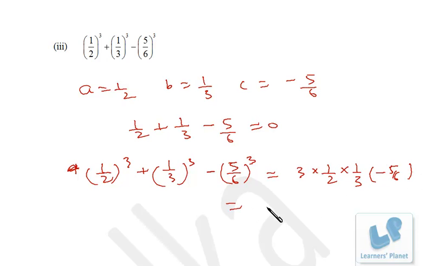So it is minus 3 into 1 upon 2 into 1 upon 3 into 5 by 6. So precisely it is 5 by 12, right? So it looks like a tedious problem, but turns out to be very simple if we apply this identity.